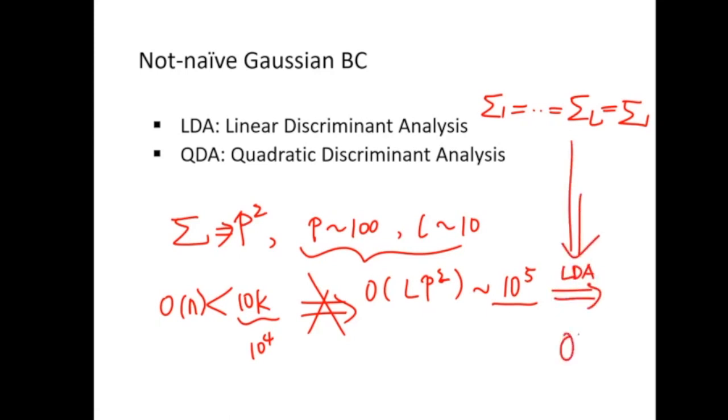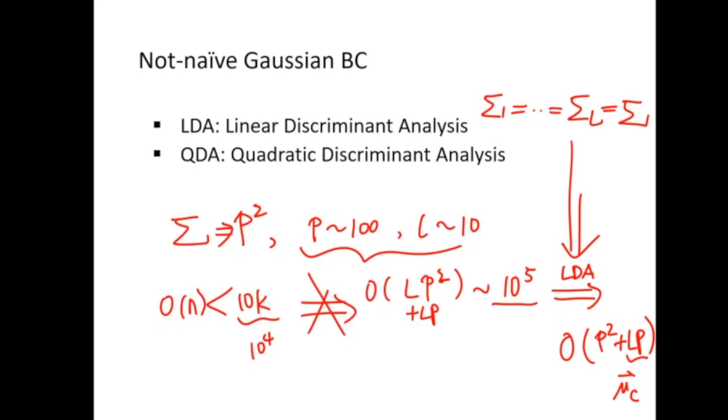The number of parameters you need to estimate goes from L times p quadratic to p quadratic plus L times p, which is the mean part, the mean vectors. So it reduces L p quadratic into p quadratic. Don't get confused: you always need to estimate the mean of each class.